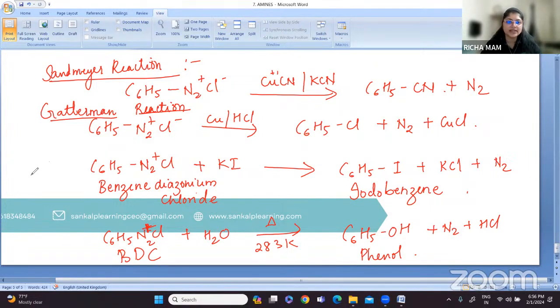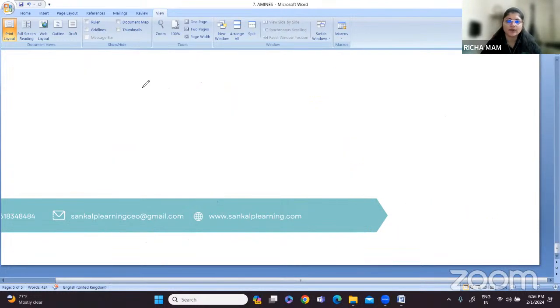What is Hinsberg reagent? How do you distinguish between primary, secondary, and tertiary amines using this reagent? One more important question.